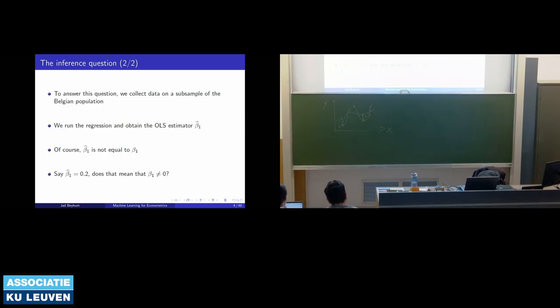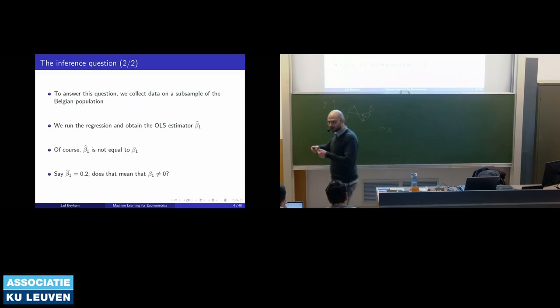To answer this question, we collect data on a subsample of the Belgian population. So let's say beta 1 is the causal effect of education in Belgium. To answer the question, I'm going to collect data on 1,000 Belgians. I run the regression, and I get beta 1 hat, which is the OLS estimator. Of course, beta 1 hat is not beta 1.